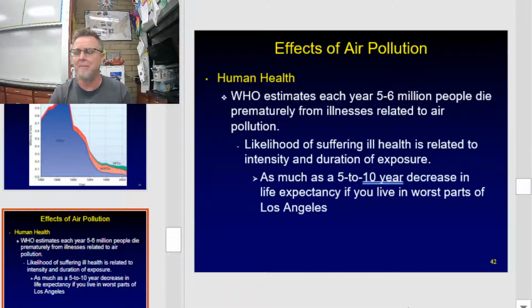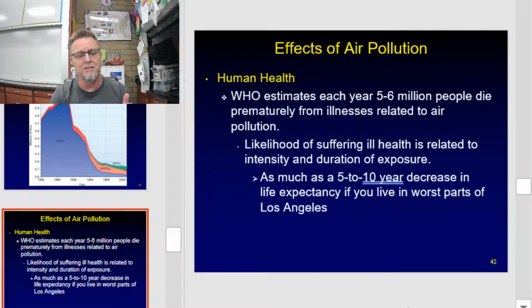So when you think about why we care about all this, well, I'm just going to put it this way. The WHO, not the band, but the World Health Organization, estimates that each year 5 to 6 million people die prematurely from illnesses related to air pollution. This is preventable. All we have to do is be more conscientious and more careful with what we're putting up into the air.